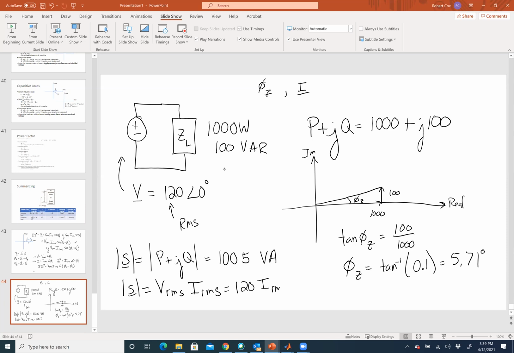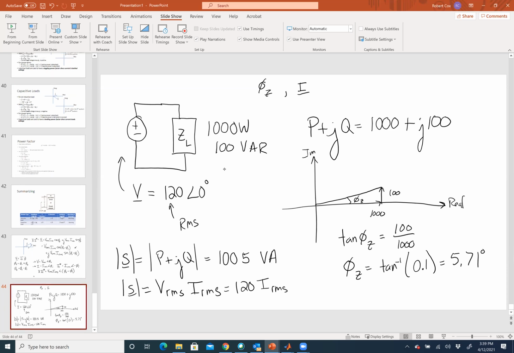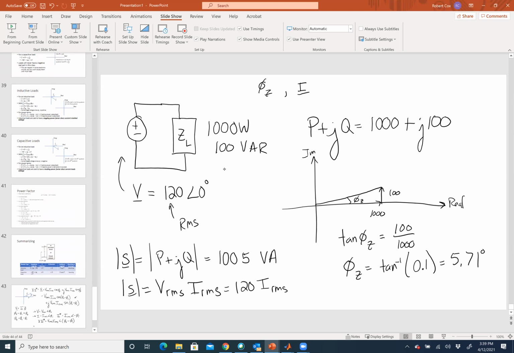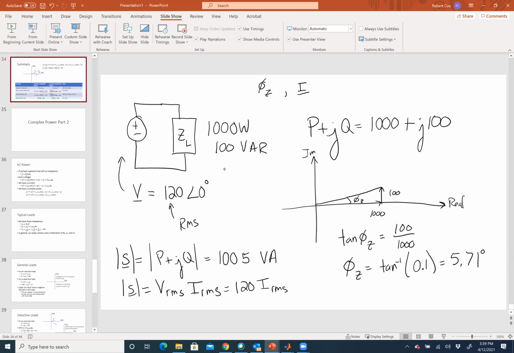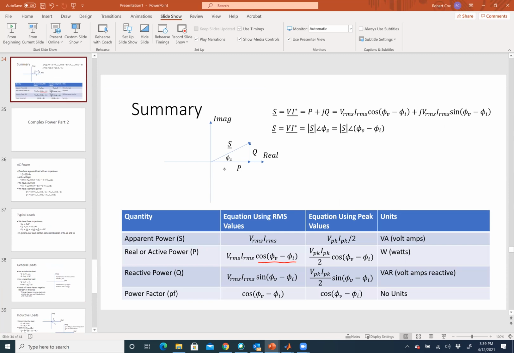Isn't IRMS the conjugate of the same thing? No, going back to the way we defined it here, this summary slide helps a lot. I guess I don't have the definition on it here. Maybe I should.